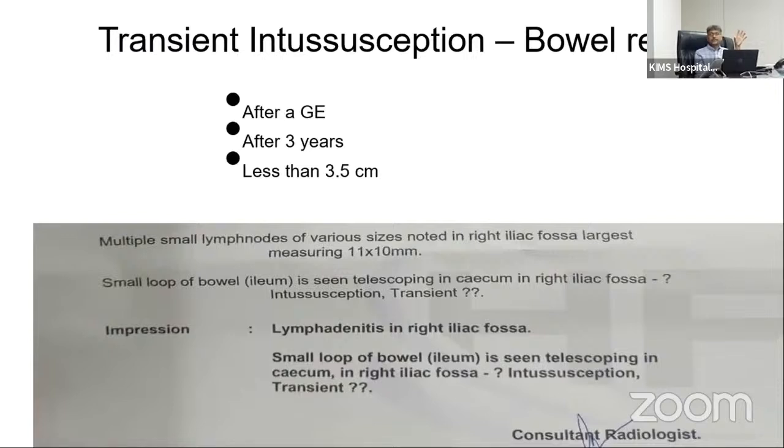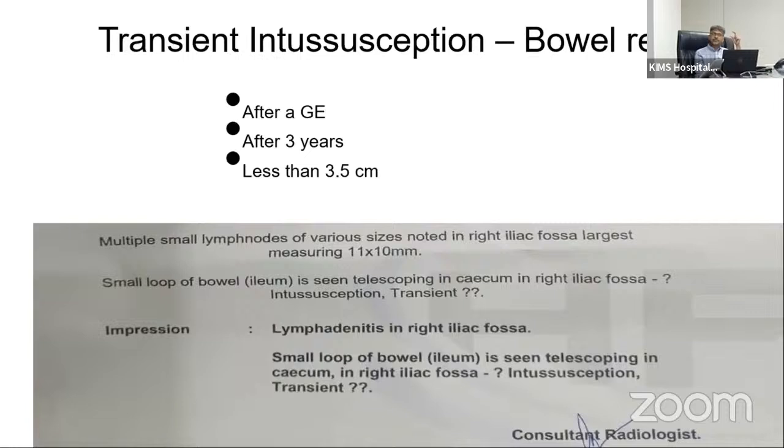Transient intussusceptions are commonly seen in day-to-day practice in any colicky abdominal pain. One clinching diagnosis for this is if the intussusception size itself is very small. Usually I ask the radiologist what the diameter of the intussusception is.